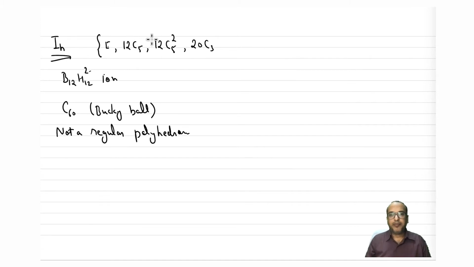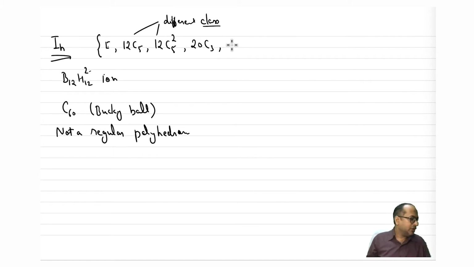Typically we have been seeing that C3 and C3 squared can be combined as one set of operations, and then we can write it as 2C3, right? But in this case, C5 and C5 squared belong to different classes, and hence they are listed separately. We will come back to what a class is once we finish the point group identification.